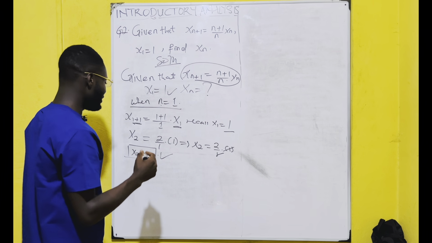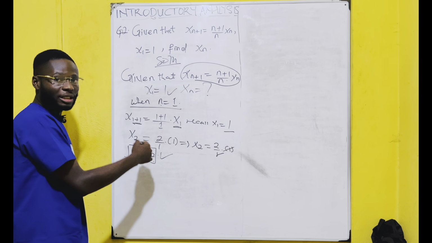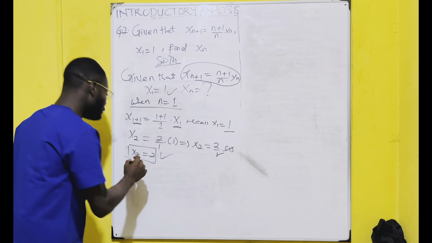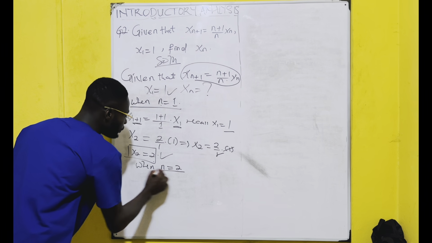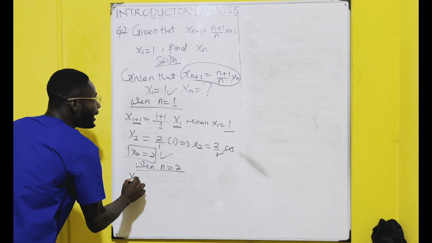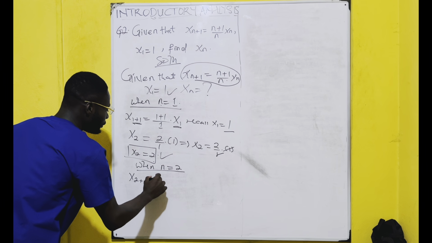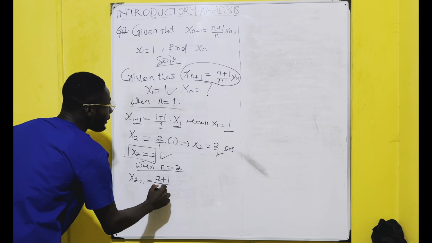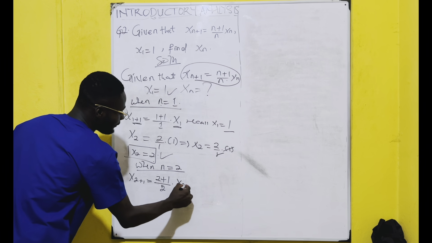Now, how do we get S3? Because we have gotten S2, we can easily get S3. So we consider when n is equal to 2. So when n is equal to 2, we are going to have x(n+1) equals (n+1)/n times xn, right?